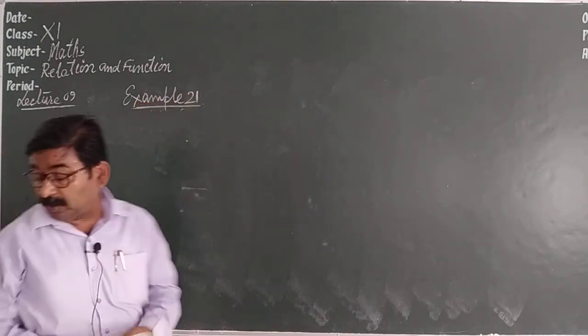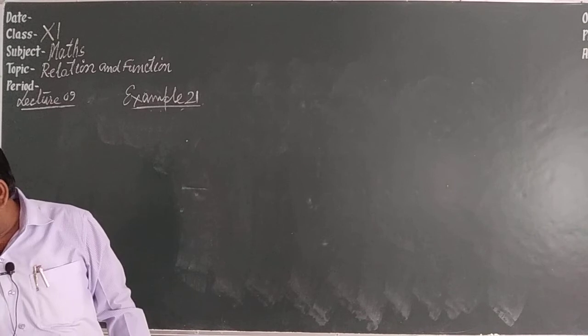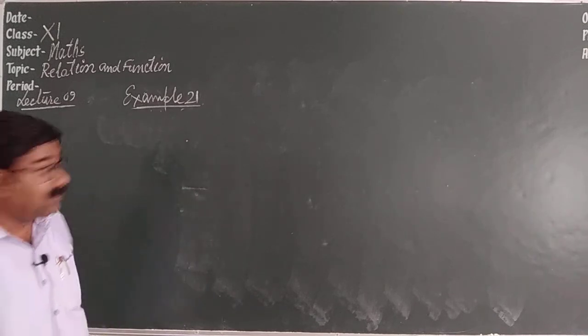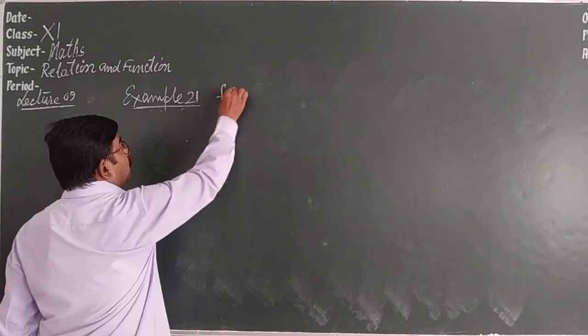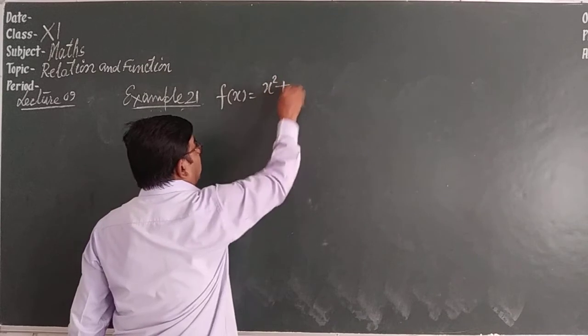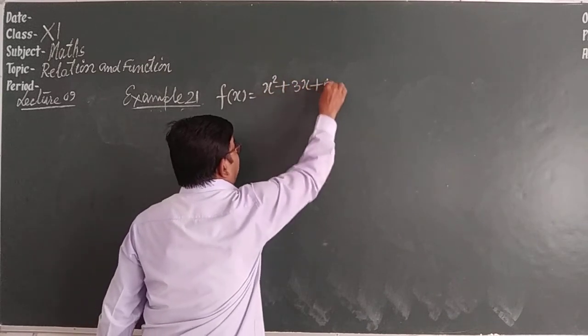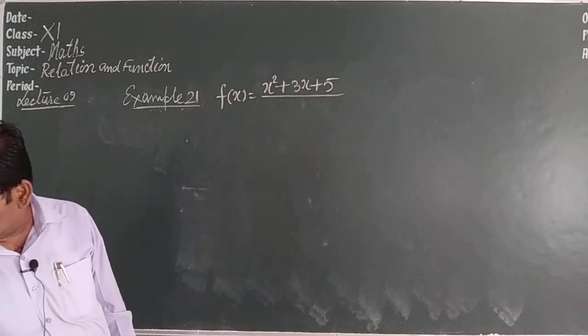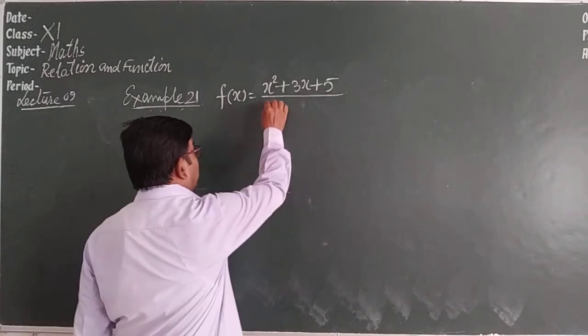Given, find the domain of the function f(x) is equal to x square plus 3x plus 5 upon x square minus 5x plus 4.